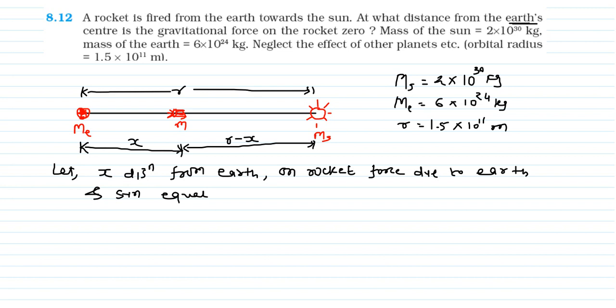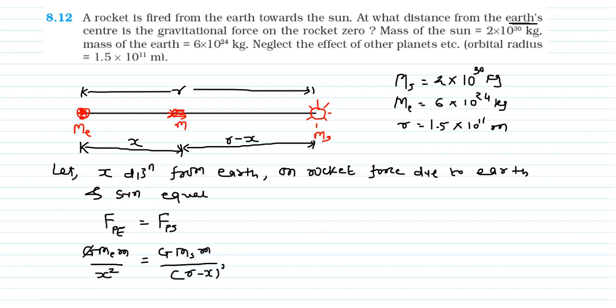That is force at a point P due to earth is equal to force at a point P due to sun. So here we will use Newton's universal law of gravitation, that is here you can say G me m upon x square is equal to G ms m upon r minus x whole square.